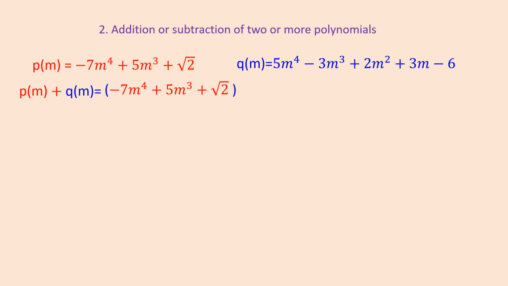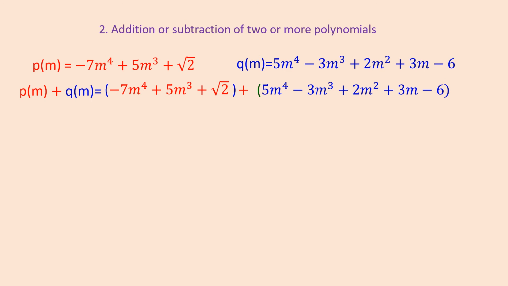minus 7m raised to 4 plus 5m cube plus root 2. The first polynomial, that is P of m, is written in a bracket, plus sign, and then I will write the second polynomial, that is 5m raised to 4 minus 3m cube plus 2m square plus 3m minus 6.